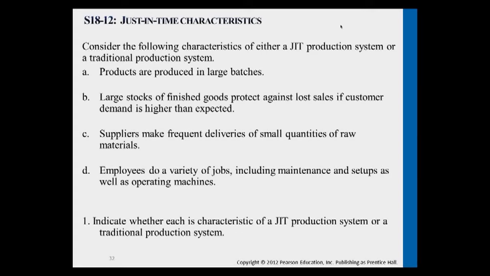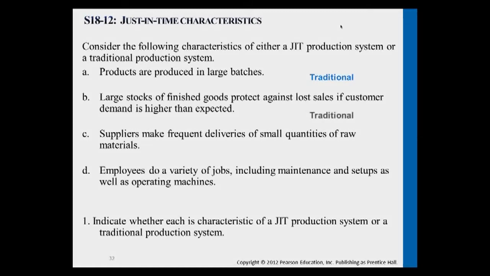Large stocks of finished goods protect against lost sales if customer demand is higher than expected. Why would it be traditional? Again, large stocks. Because it says large stocks. Cool. Okay.